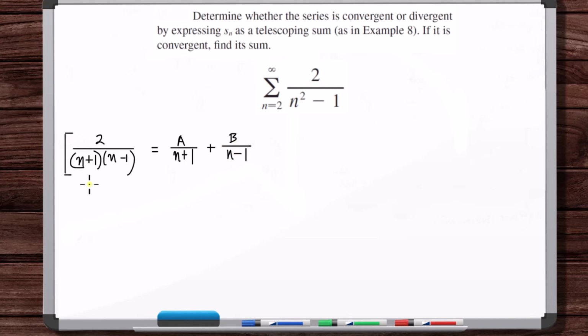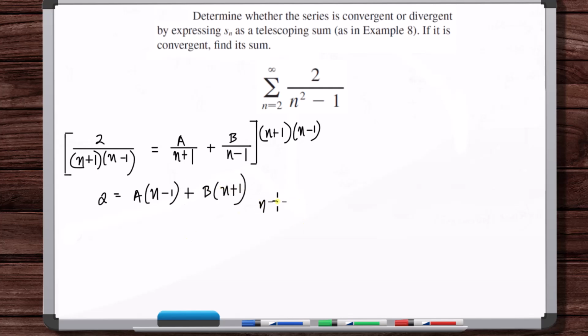All right, so when n is equal to 1, okay, when n is equal to minus 1, oh wait, no, this would be 1.